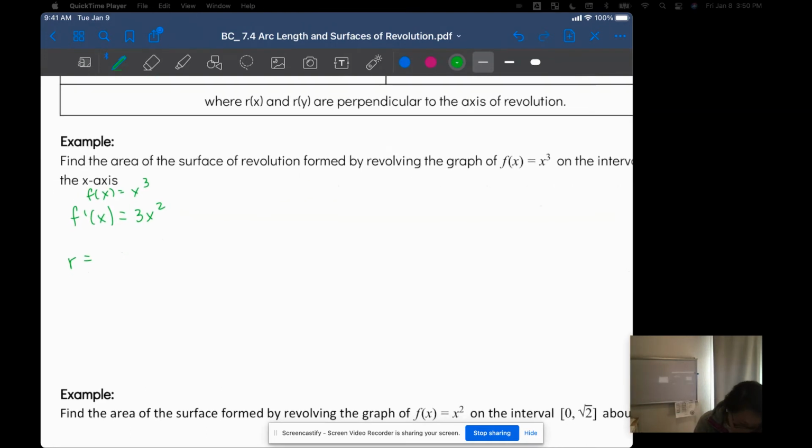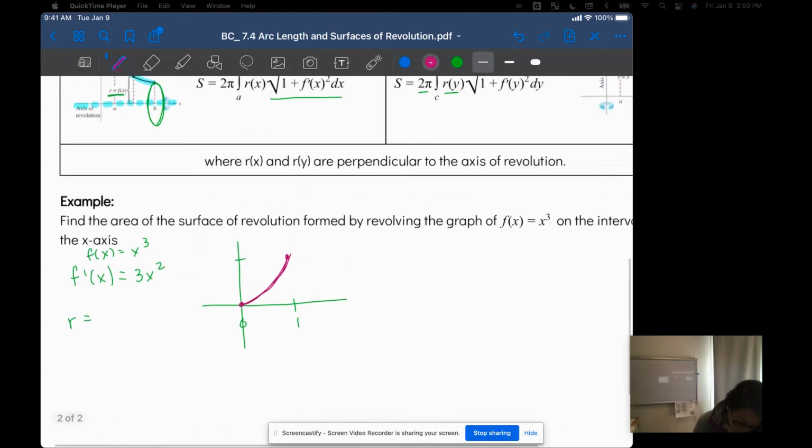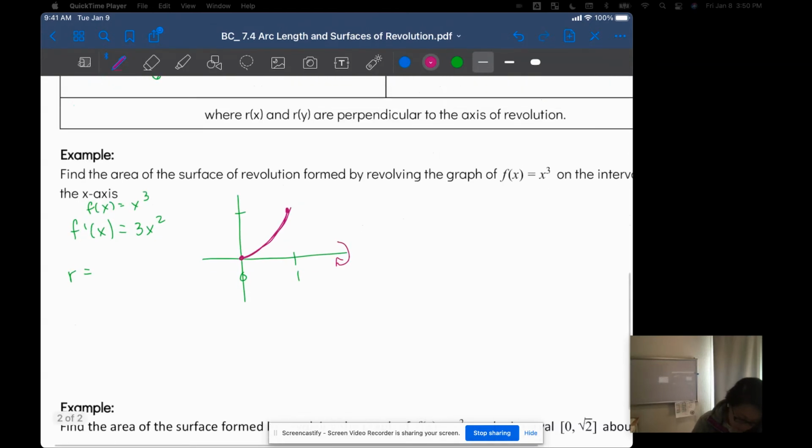So if I have x cubed from 0 to 1, the curve is concave up like that. And we want to revolve that around the x-axis.